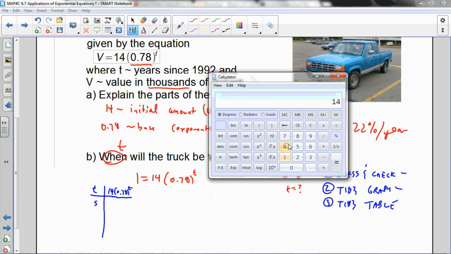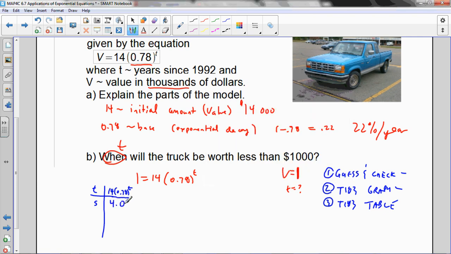So I go 14 times 0.78 to the exponent 5, that's 4.04. Notice that means after 5 years, Uncle Ferd's Ford pickup was still worth $4,000.